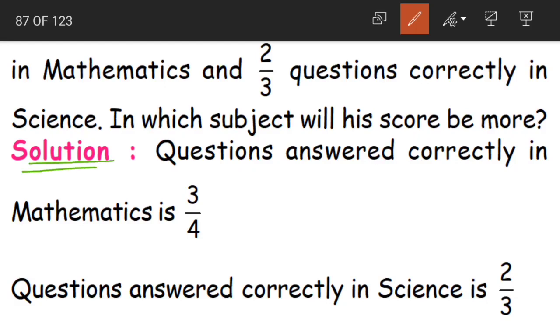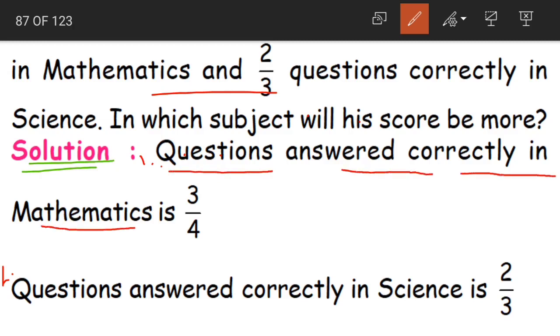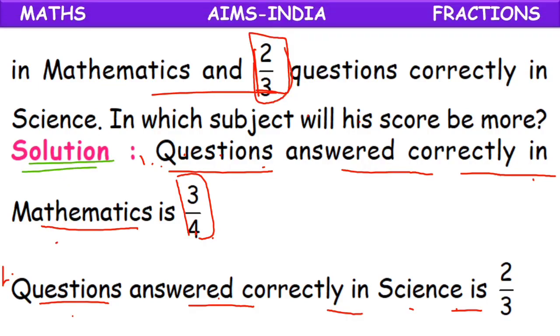So what will our solution be? Again in word problems, what is important, children? We write the steps for the word problem. First, we need to write the information given in the question. The information given was: questions answered correctly in mathematics is 3 by 4 and questions answered correctly in science is 2 by 3.